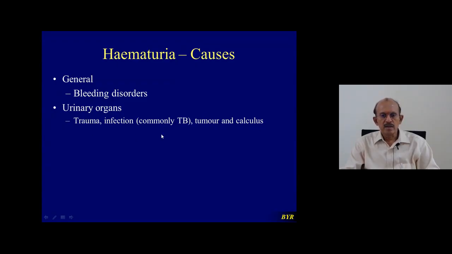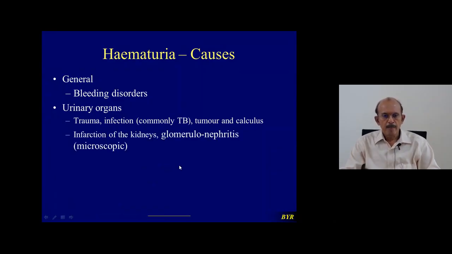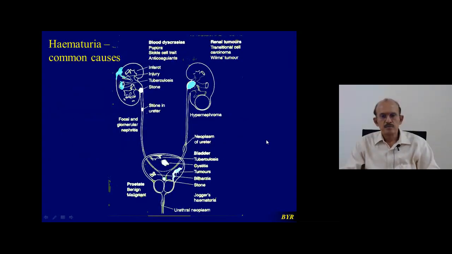So these are the 4 common causes: trauma, infection, tumor, and calculus. The other causes are infarction of the kidneys and glomerulonephritis, which causes a microscopic hematuria, not a macroscopic hematuria. So these are all the common causes of hematuria.